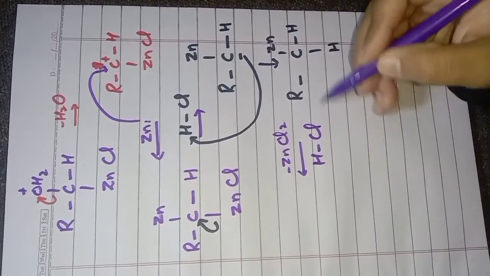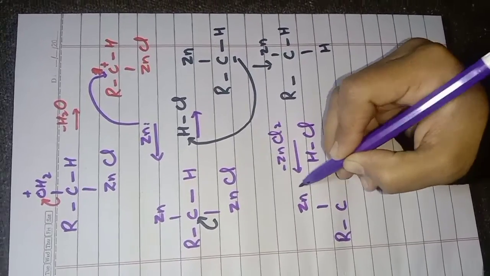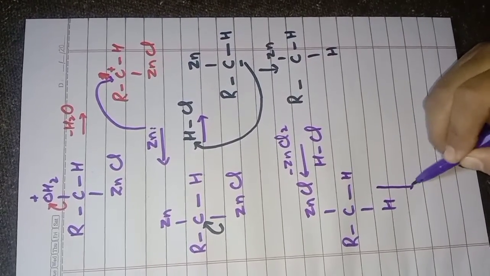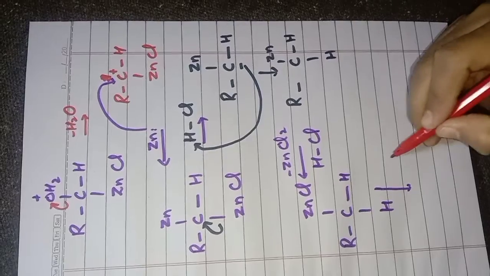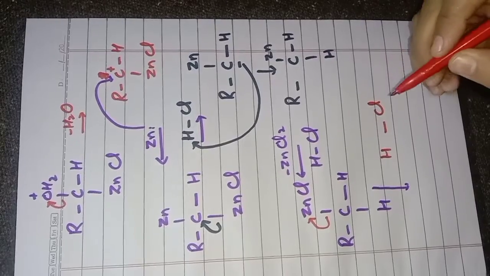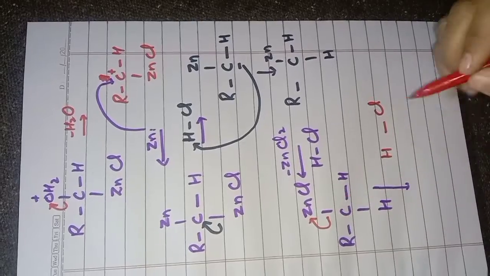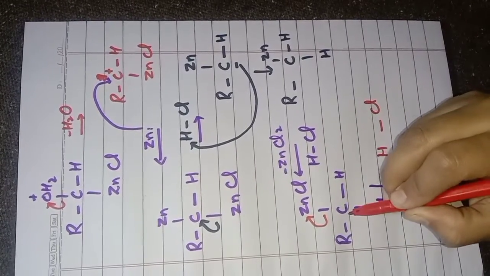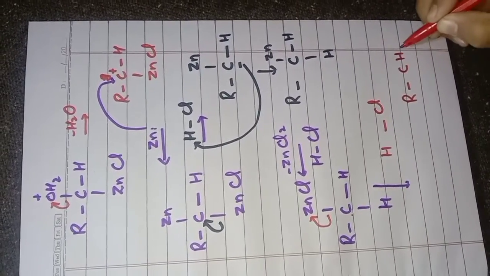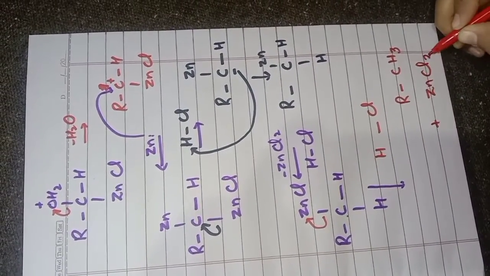In the presence of HCl, what will happen? It will form zinc chloride, as in the first step, and in the presence of HCl, this bond will shift over here, and this chloride ion will attack this zinc chloride, and the hydrogen will combine with this carbon, and it will form alkane and zinc chloride.